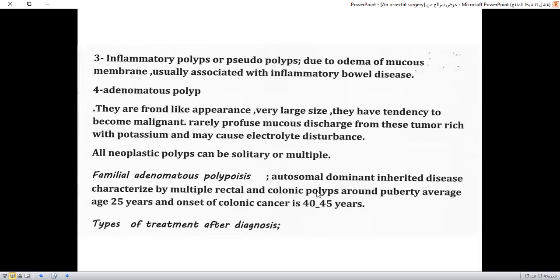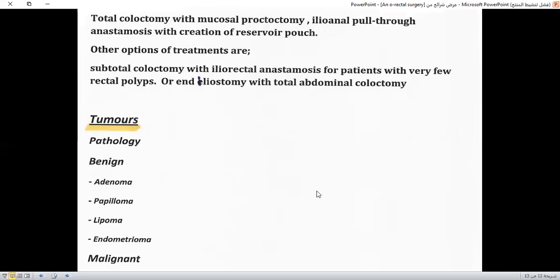Treatment after diagnosis in FAP: total colectomy with mucosal proctectomy, ileoanal pull-through anastomosis with creation of a reservoir pouch. Other options: subtotal colectomy with ileorectal anastomosis for patients with very few rectal polyps, and ileostomy with total abdominal colectomy.